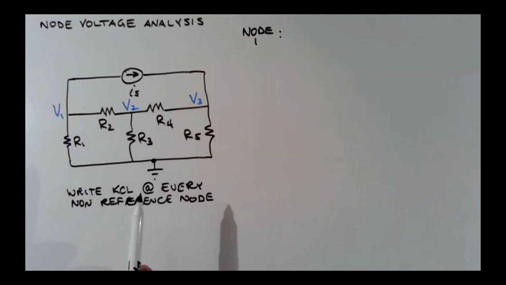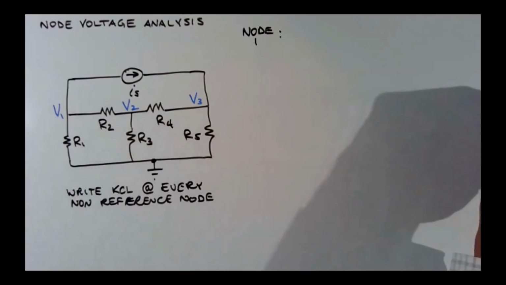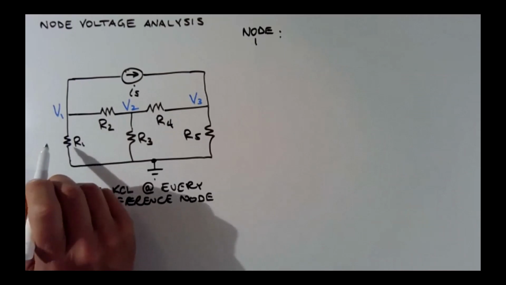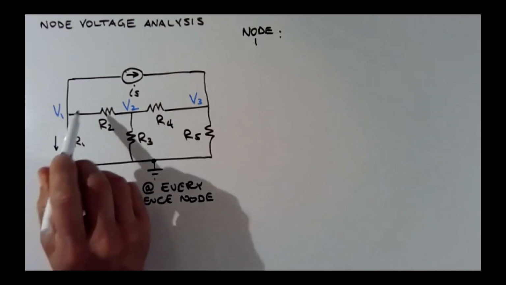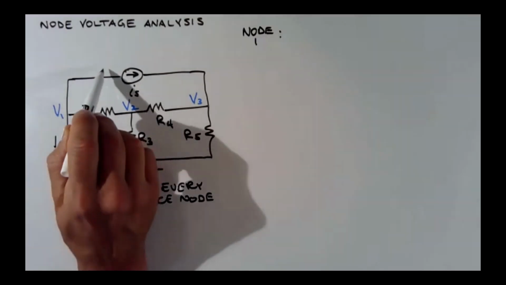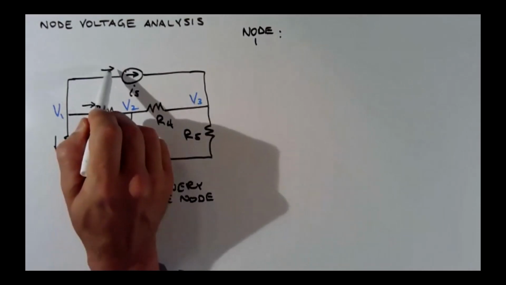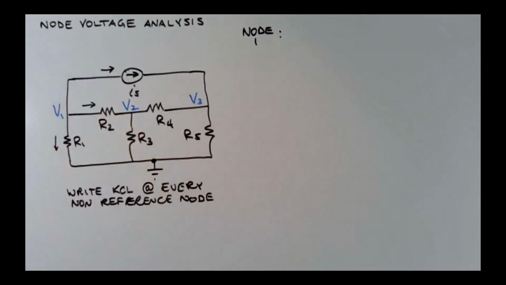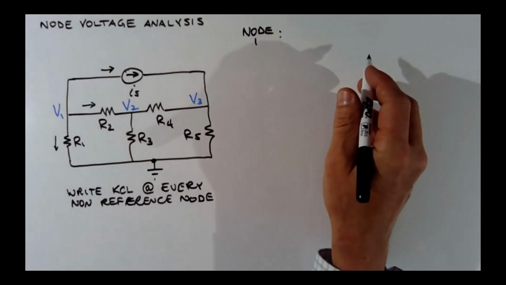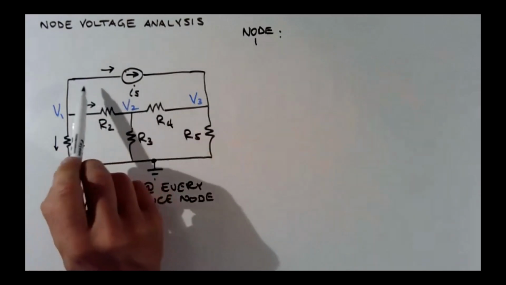We're going to sum the currents leaving the node. So I'm always going to use the form of KCL for node voltage analysis where I sum the currents leaving that node. So there are 3 currents leaving that node. Let's start with the easy one.